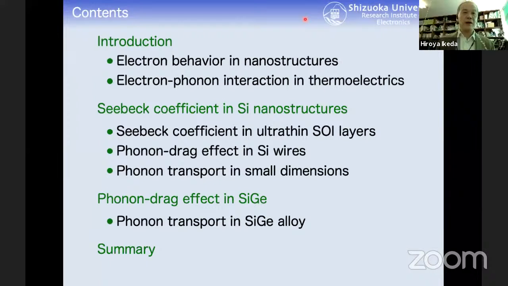Based on these effects and phenomena, we can improve the device efficiency or create novel functional devices, such as a quantum cascade laser, flash memory, and single electron transistors.